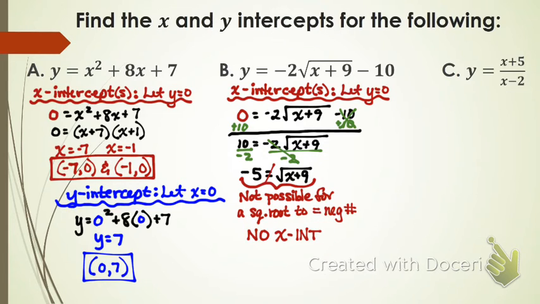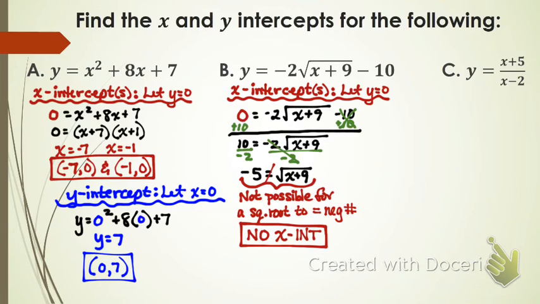If I were to graph this particular one, this square root function, remember square root functions have a starting point and then they only go in one direction. This particular one is underneath the x-axis, that's that negative 10. And then because it's been reflected, it scoops down and heads out forever. It never, ever, ever gets close to the x-axis there. All right, so that one didn't have an x-intercept.